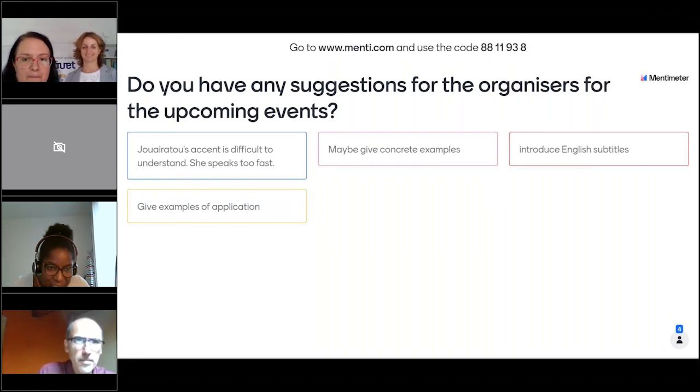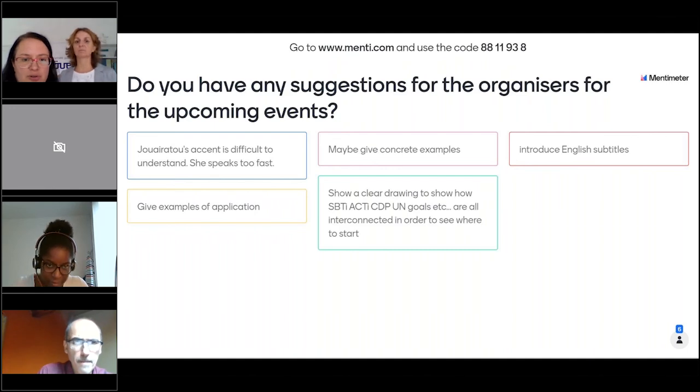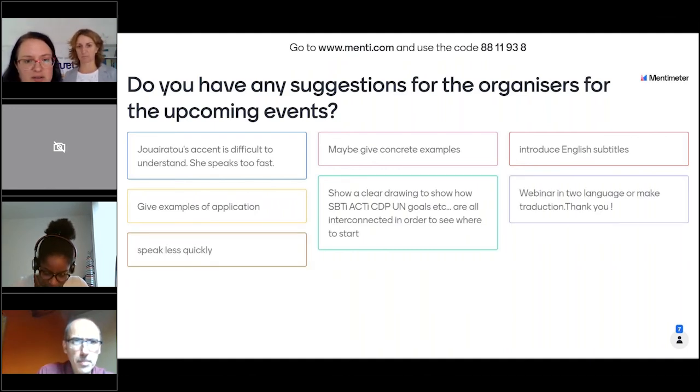Thank you. Show a clear drawing to show SBTi, CDP and goals, etc. are all interconnected in order to see where to start.